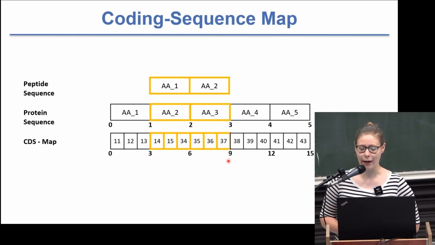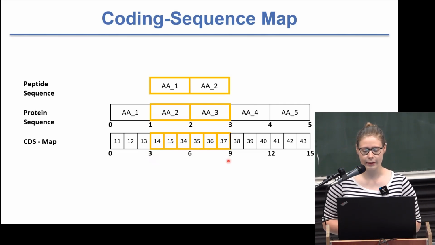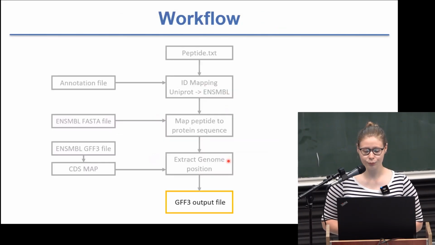And that's how I can extract exactly which nucleotides encode this peptide within the genome. And you can figure out if it's continuous, so if there is one splicing site, no splicing site, if it's forward, if it's reverse, all that is captured here.